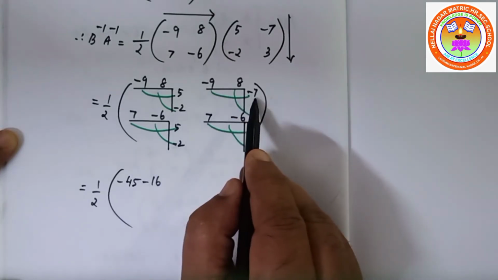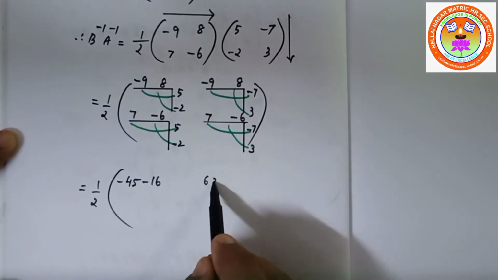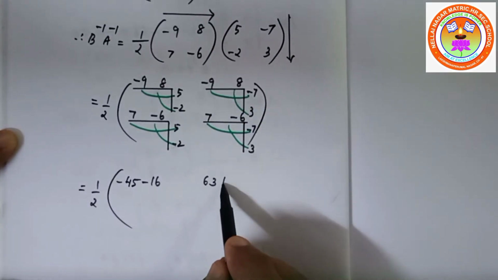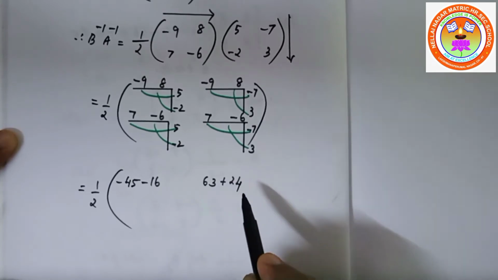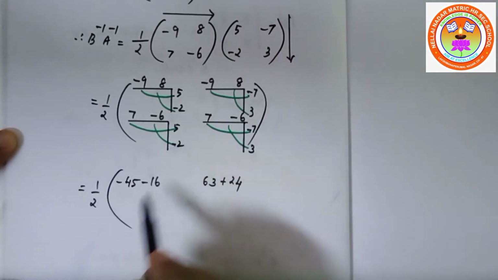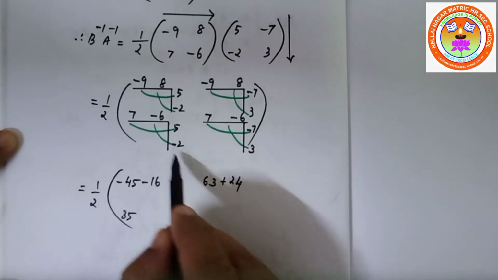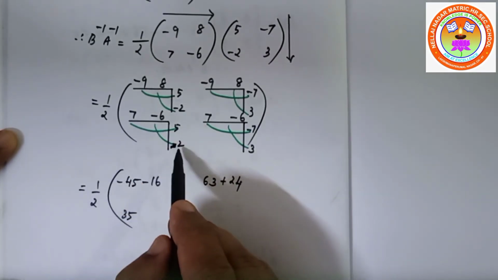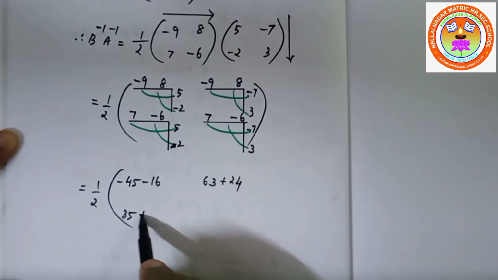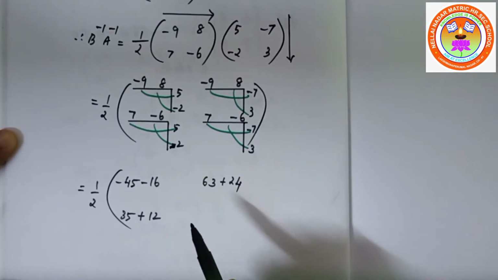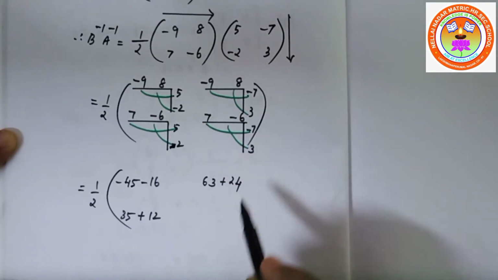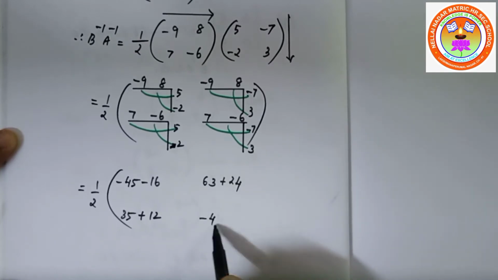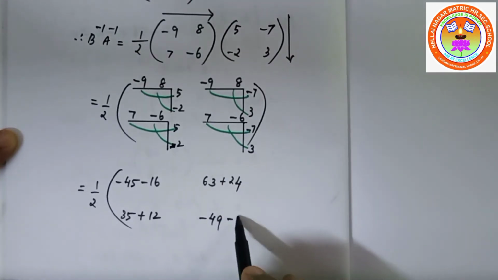Then minus 9 into minus 7 is plus 63, and 8 3s are 24. Then you have to multiply these two, 7 5s are 35, and minus into minus is plus, this is minus 2, minus into minus plus 6 into 2, that is 12. Then 7 into minus 7 is minus 49, and minus 6 into 3 is minus 18.